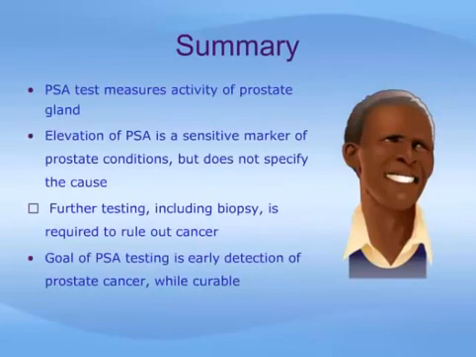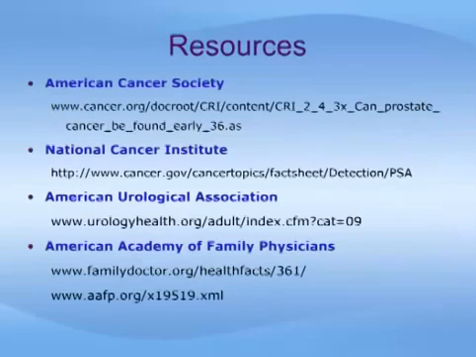The PSA blood test measures the activity of the prostate gland. Elevation of PSA is a sensitive marker of prostate conditions, but does not specify the cause. Further testing, including biopsy, is required to rule out cancer in these situations. The goal of PSA testing is early detection of prostate cancer while it is curable.